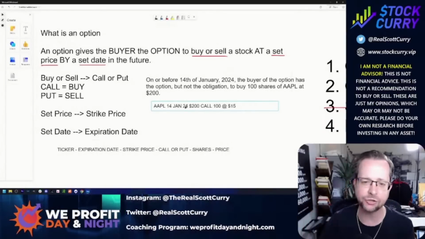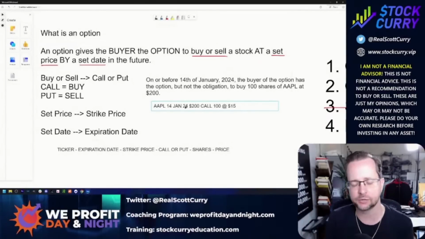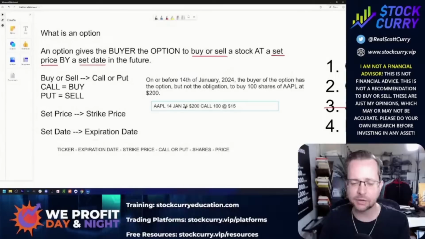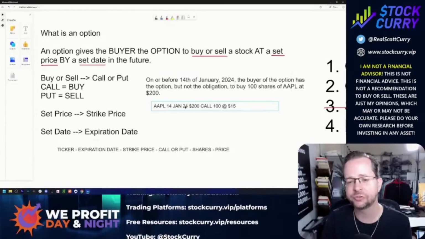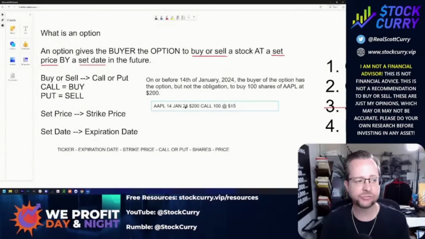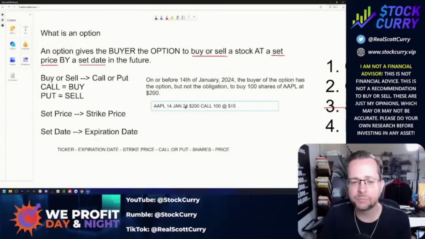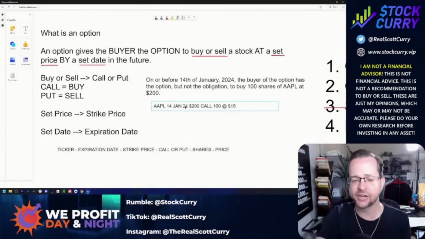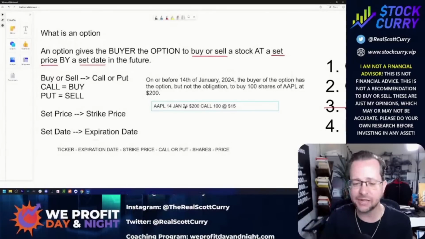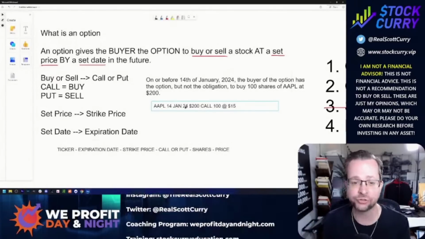I want to buy your shares for $200. And at this point, the seller of this option is forced to give the buyer these 100 shares, and the contract owner is going to give the seller $200 per share.